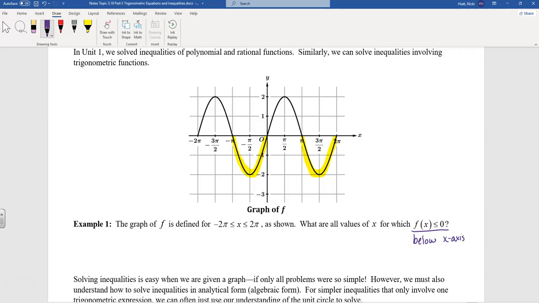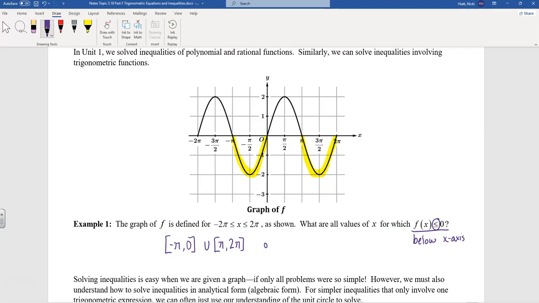So we are just going to say, you can either write it this way. Notice that we have an or equal to sign. So I'm going to do the brackets, negative pi to 0, and pi to 2 pi. If I had a less than sign there, I would use parentheses instead of brackets.